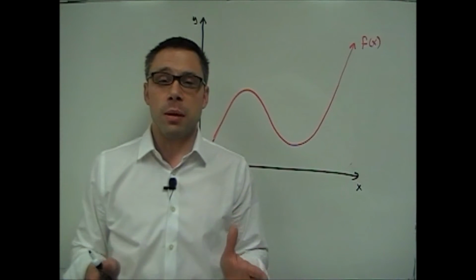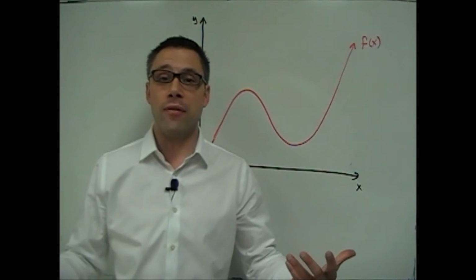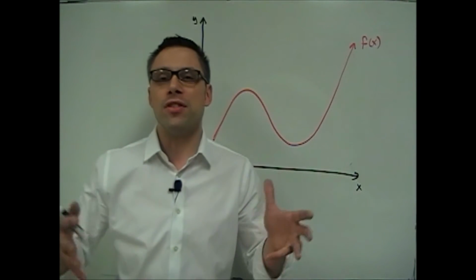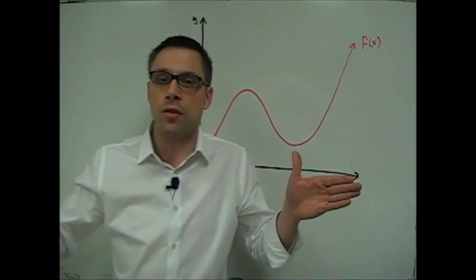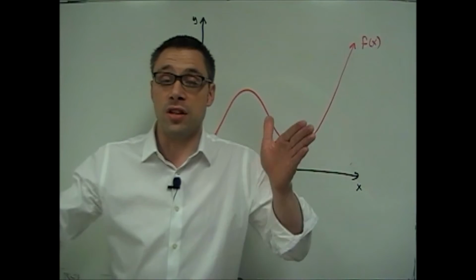And so we'd like to characterize the overall behavior of a function based on whether it's increasing or decreasing. The way we do that is to look at different pieces of its domain, different x values for which it's increasing and decreasing.